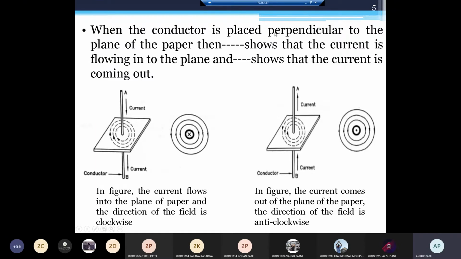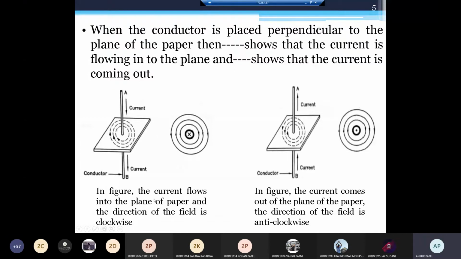When the conductor is placed perpendicular to the plane of paper, it shows that current is flowing into the plane. And if it is placed the other way, then current is coming out, and that is shown by the dot. So the cross shows current coming in, and the dot shows current coming out.